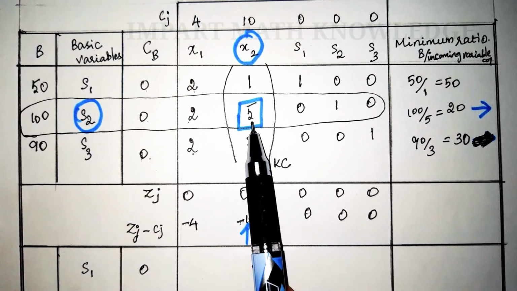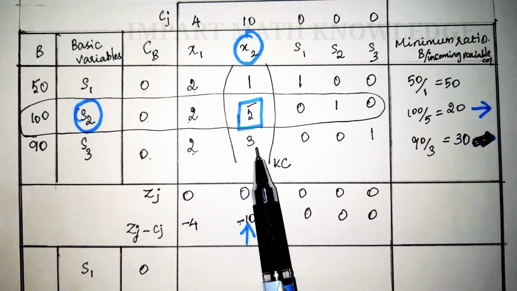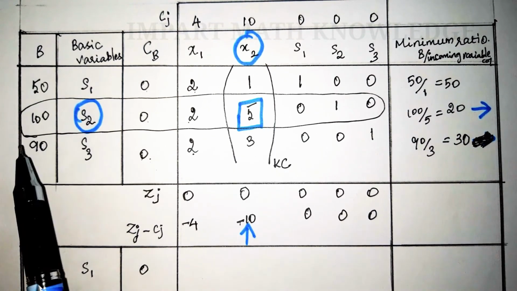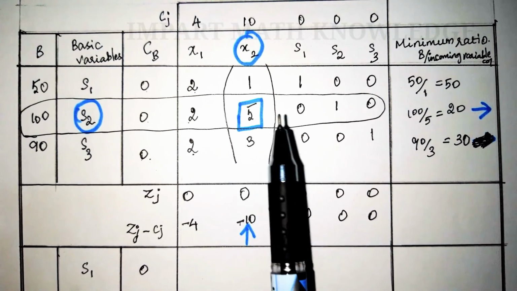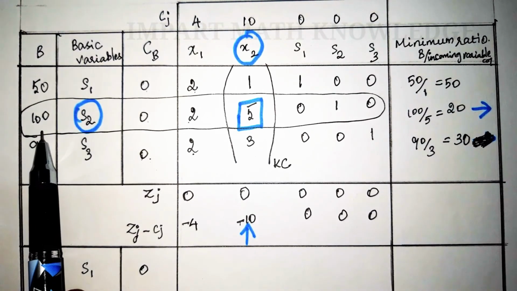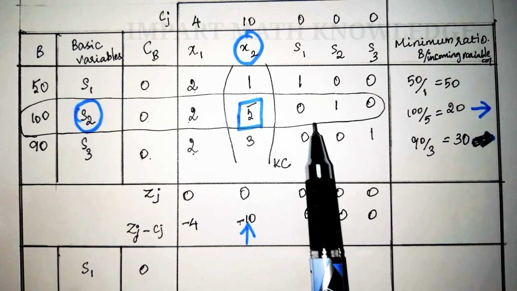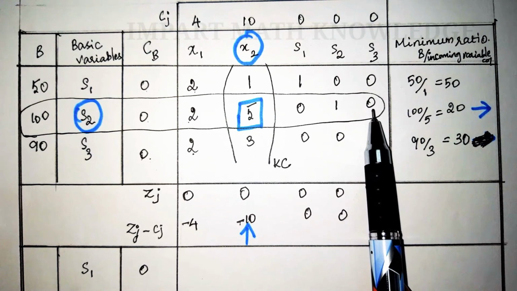We want to make the pivotal element 1, and the other elements in the same column 0. For converting the pivotal element into 1, you have to divide throughout the row by the same number. That is 100 divided by 5, 2 divided by 5, 5 divided by 5, 0 divided by 5, 1 divided by 5 and 0 divided by 5.